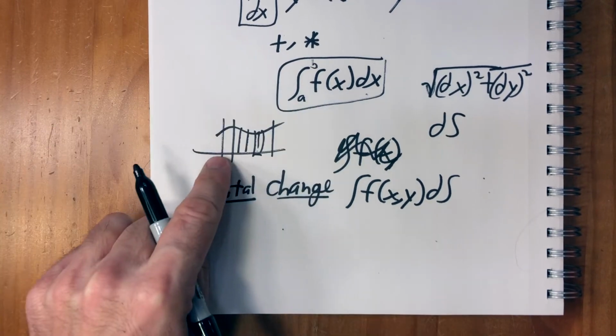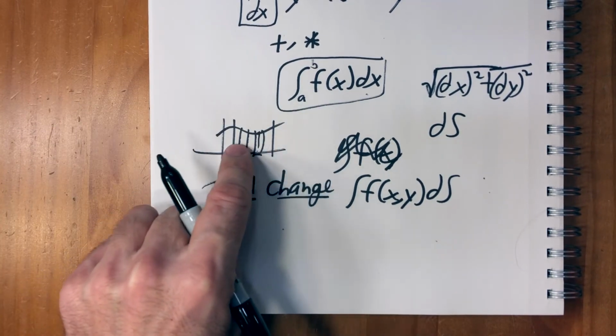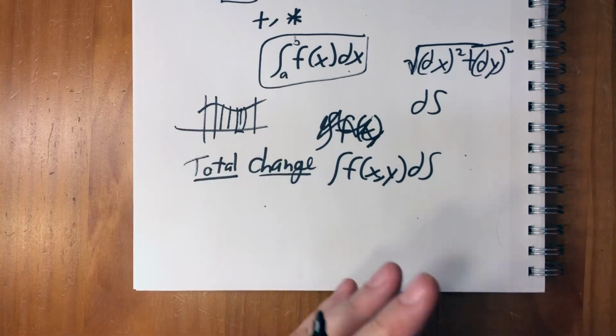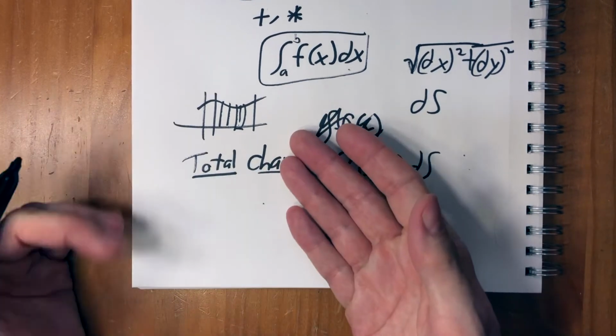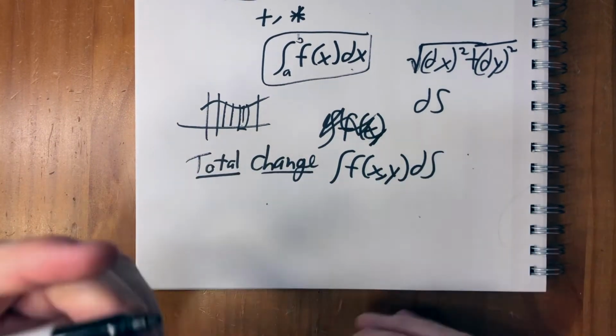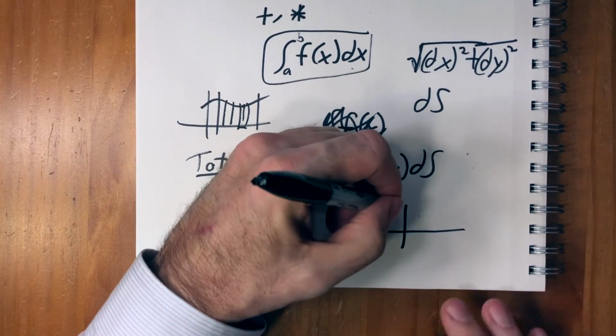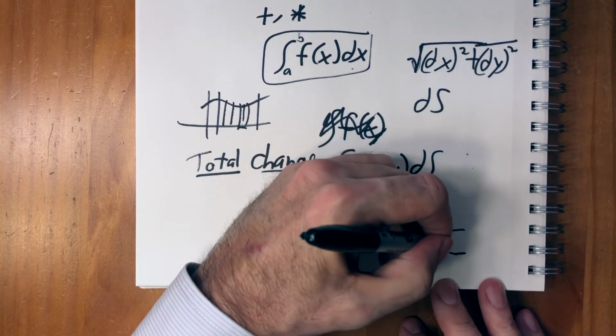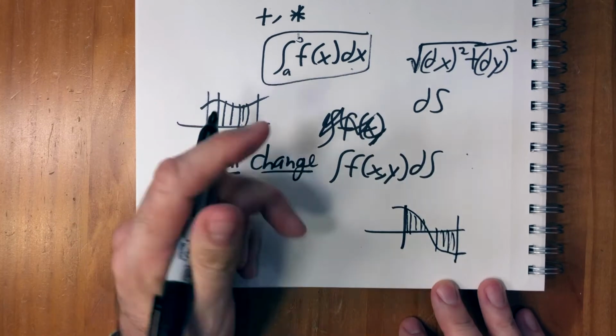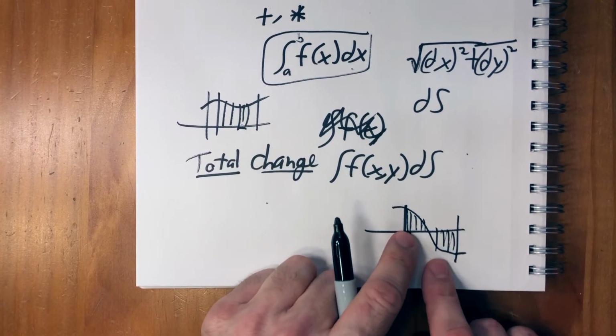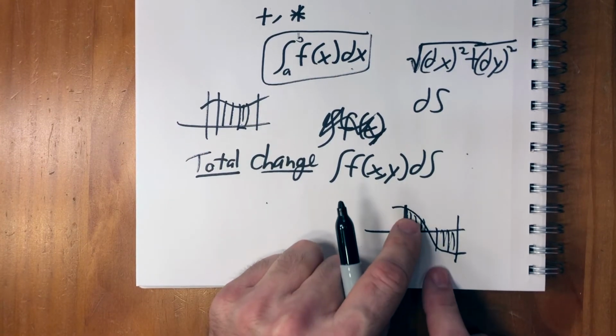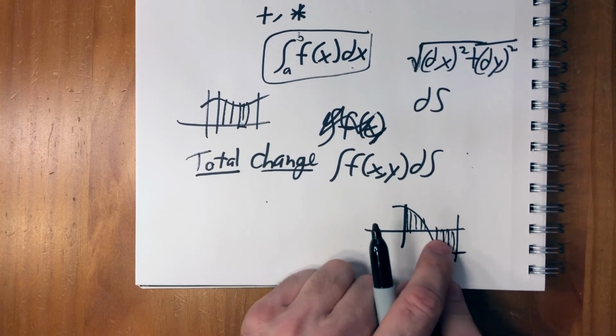They teach us that the integral is the area under the curve, but then almost immediately you start asking questions that picture can't answer. Like, what happens if f goes below 0? Then there's this, and the integral of this would be 0 because half of it's positive and half of it's negative. Well, what the heck is negative area? It doesn't even make sense.